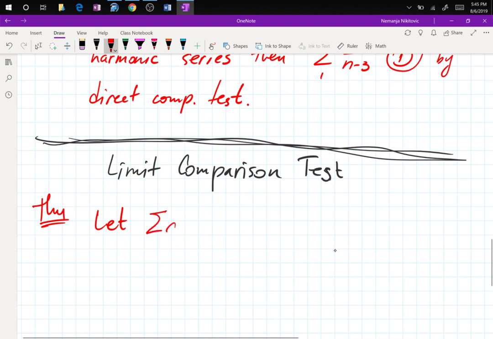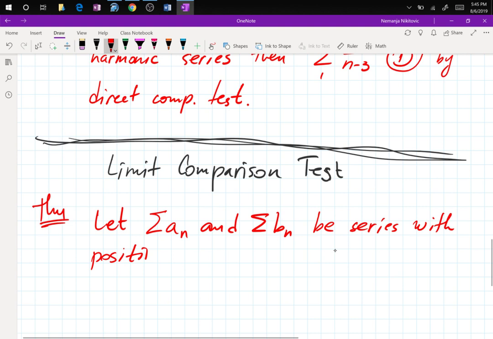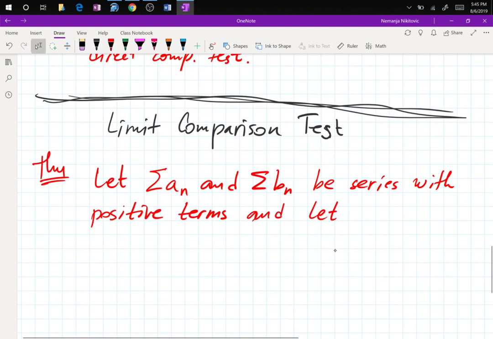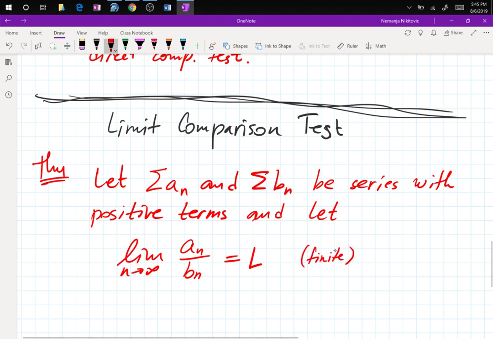Let summation an and summation bn be series with positive terms, and let the limit as n goes to infinity of an divided by bn be equal to L, which is a finite number. I'll just put finite.